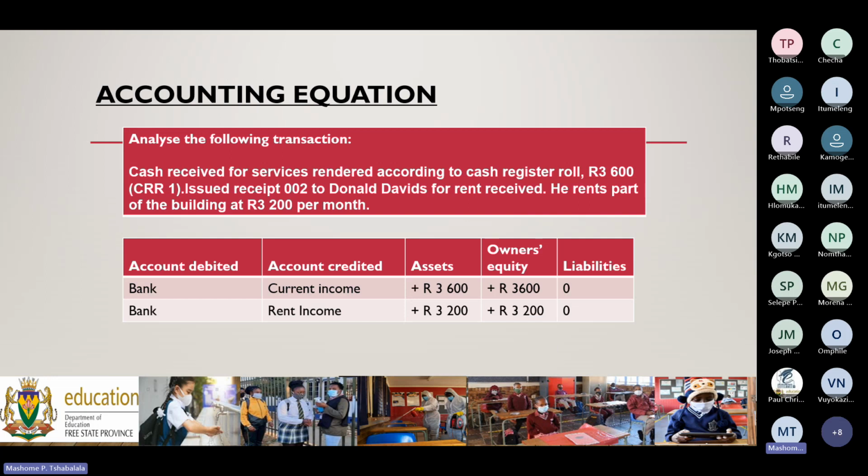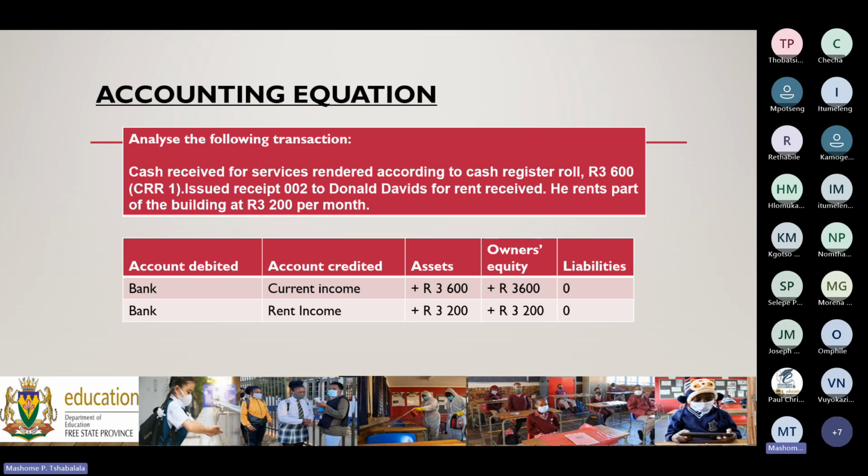Now, in another format, this transaction will have this impact on this format of owner's equity. Account to be debited, it will be bank on both transactions. Then account to be credited, it will be current income on the first transaction. On the second transaction, it will be the rent income. Now remember, A is equal to OE plus L. Assets are equal to owner's equity plus liabilities.